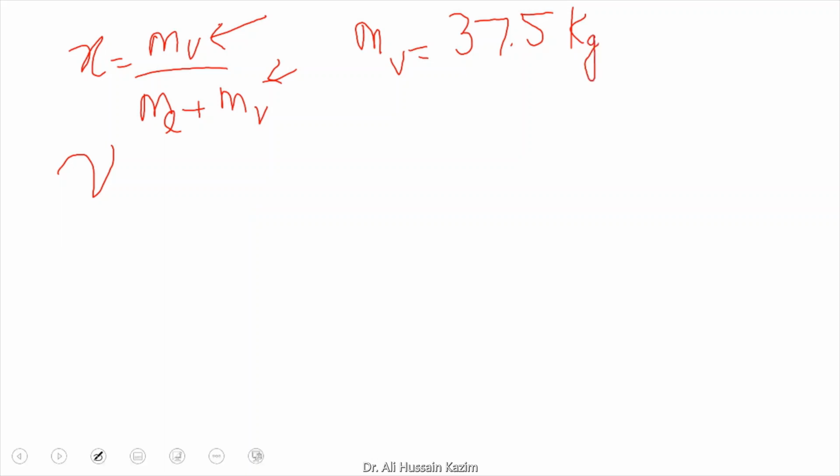So after finding the mass of vapor, we have to find the specific volume of the mixture.